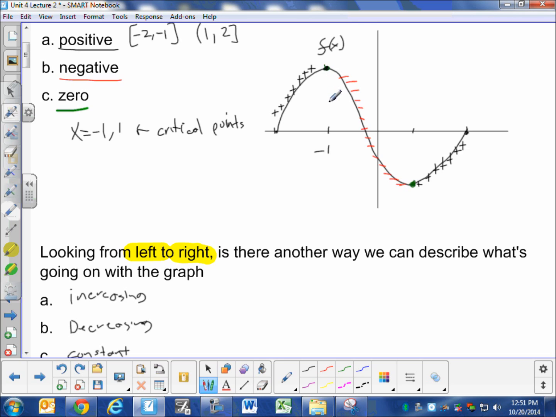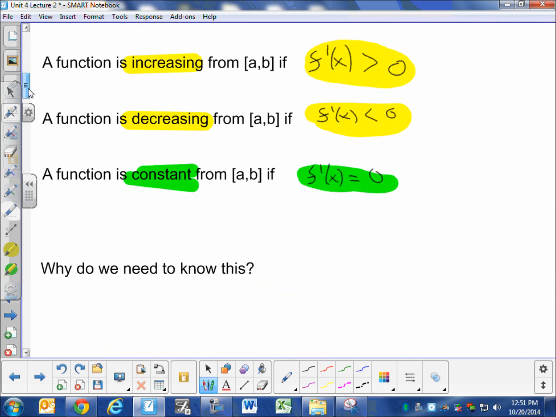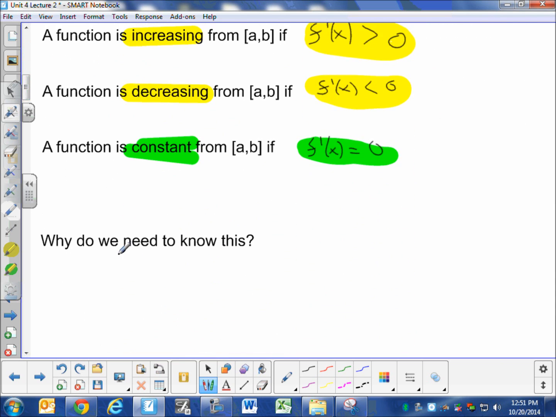That's telling me that at -1 we have a maximum. If I have tangent slopes that are going from negatives to positive at a critical point, that's telling me that I will have a minimum there. So understanding tangent slopes around a critical point will help us determine if critical points are maxes and mins.